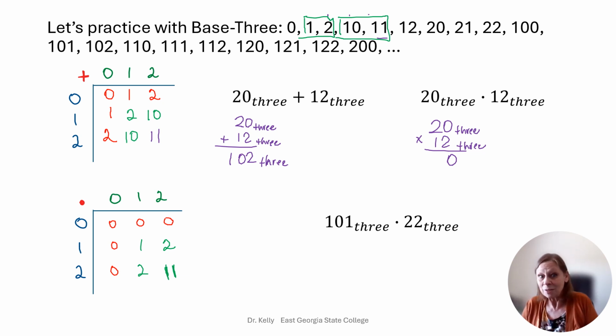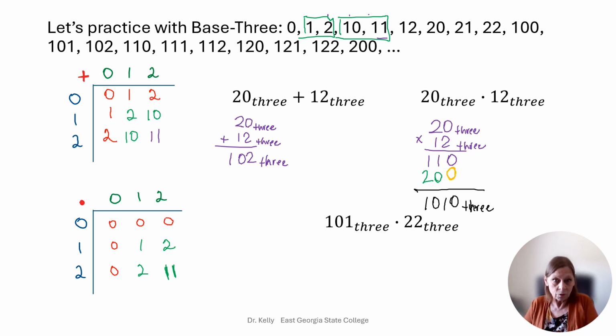What's 2 times 2? 2 times 2 is 11. And then we're going to put in our little placeholder here from our standard algorithm. Then I'm going to say 1 times 0 is 0, 1 times 2 is 2, and then we get to add these up. And we get 0, 1, and there's not a 3. That would be 10. So it's 10, 10 base 3.